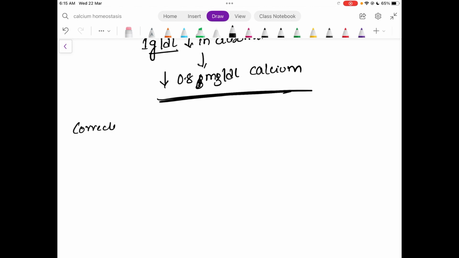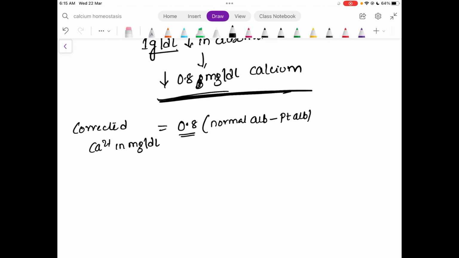The corrected calcium in milligrams per deciliter is equal to, we have to multiply 0.8, because for every gram decrease in albumin there will be 0.8 decrease in calcium level, and we multiply this 0.8 with the difference between normal albumin and the patient's measured albumin value.